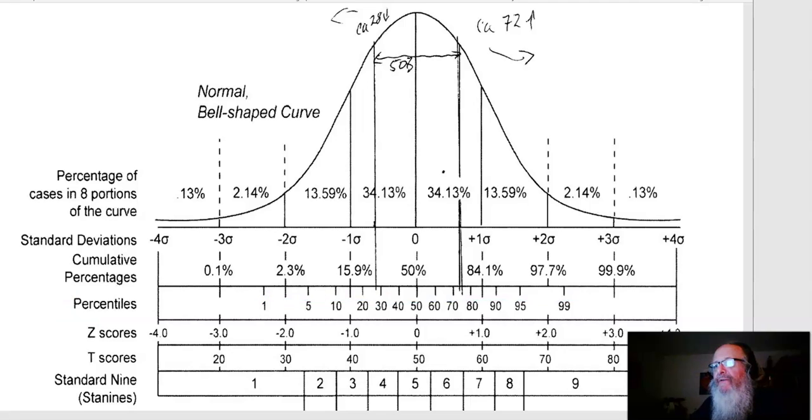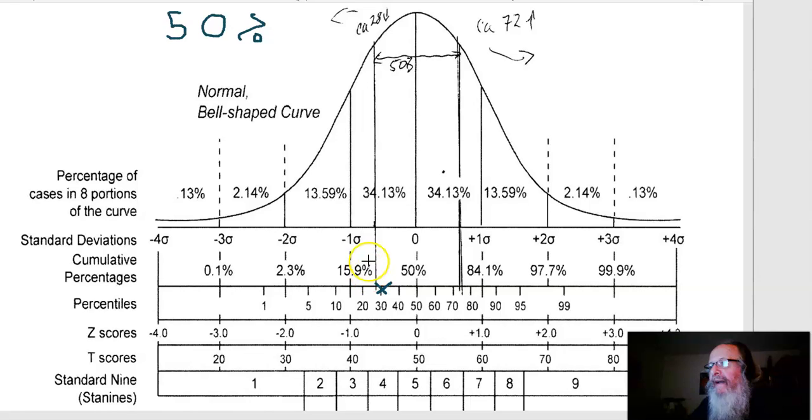Going back to the idea that the most important percent is the 50% in the middle, and let's go back to the idea that somebody has received an individual score of 30 on the extroversion facet.